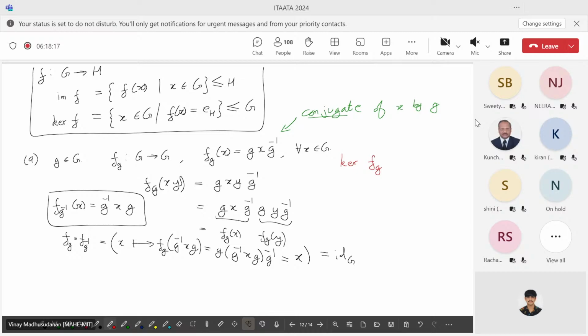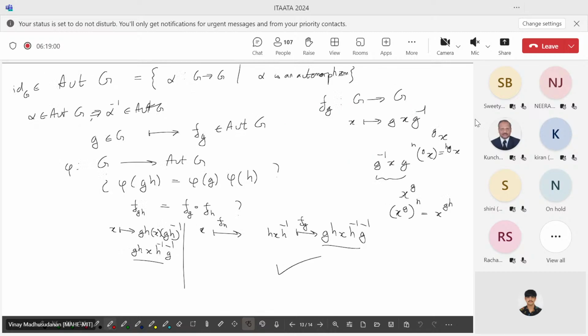So in that case, the kernel of f is all of G. But in the general case, the kernel of f is the center. We already proved it. Right.